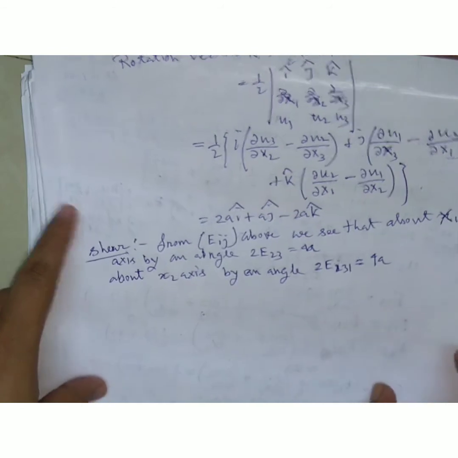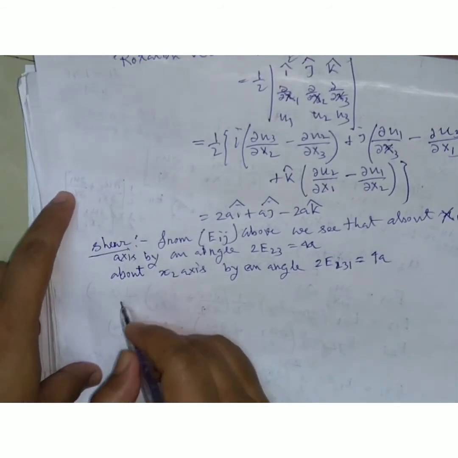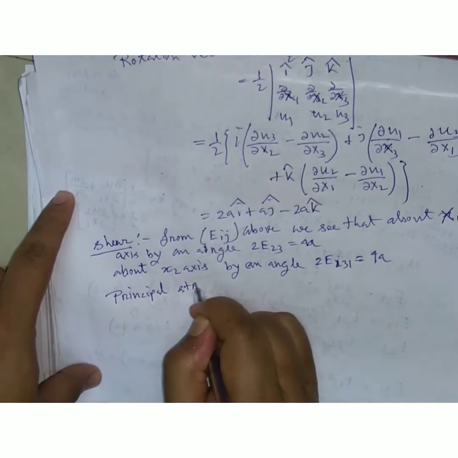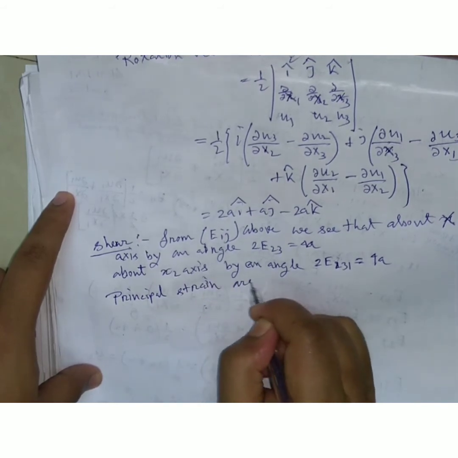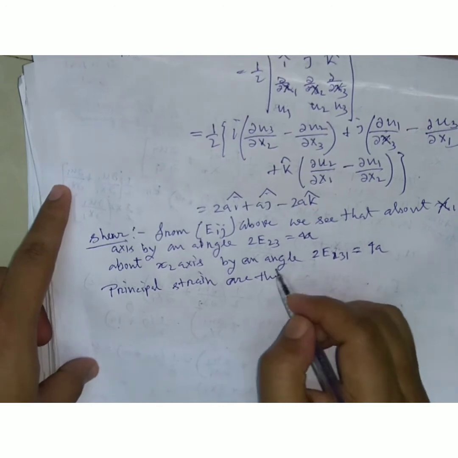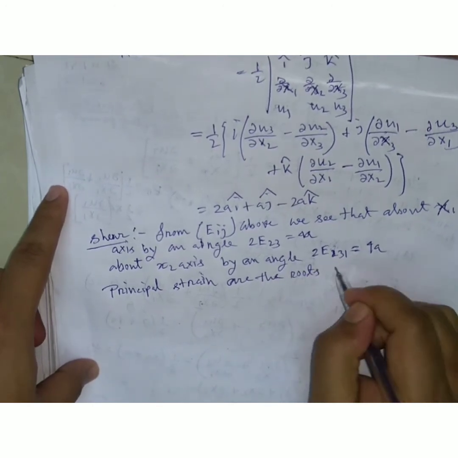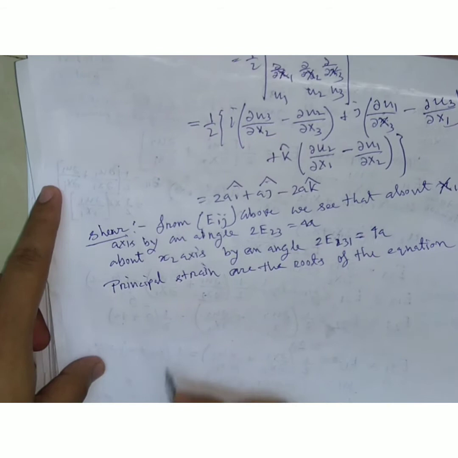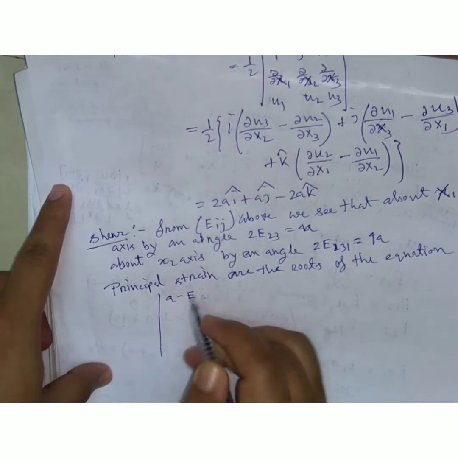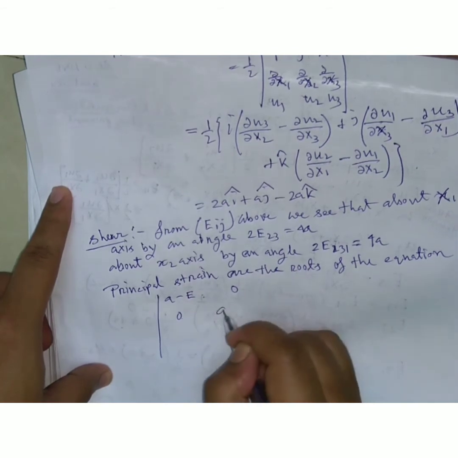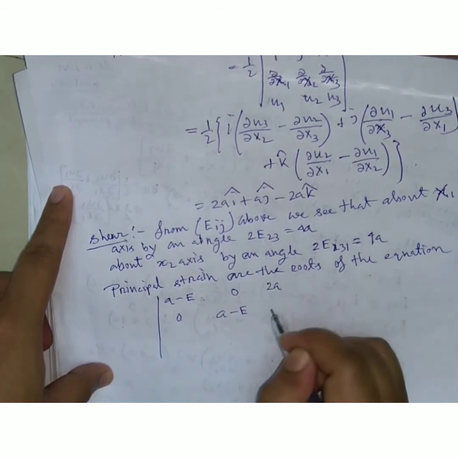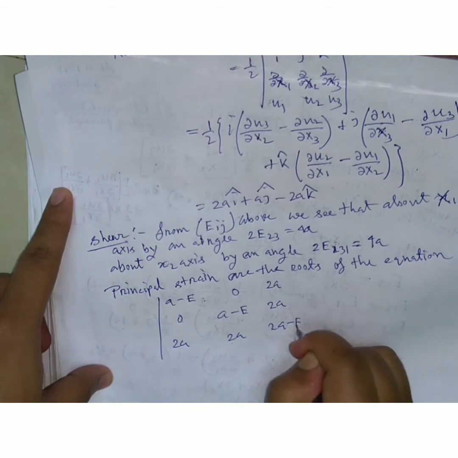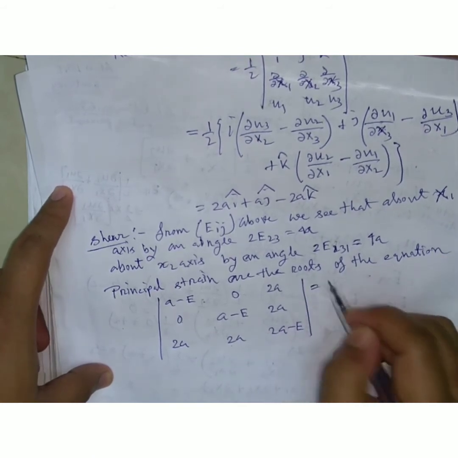So the principal strains are the roots of the equation: determinant of a minus e, 0, 2a; 0, a minus e, 2a; 2a, 2a, 2a minus e, equal to 0.